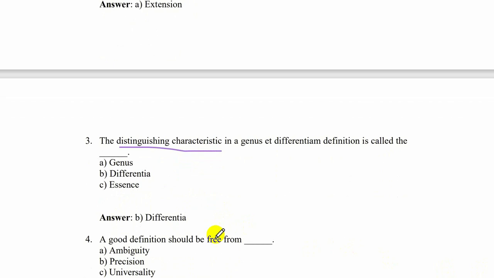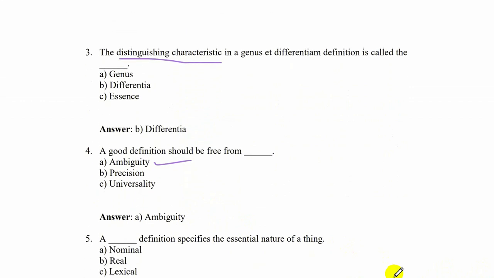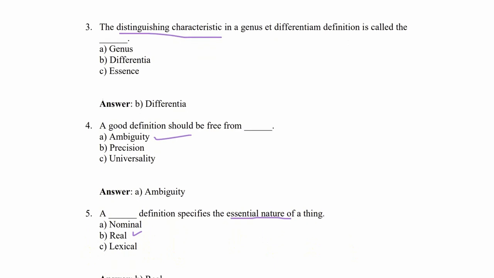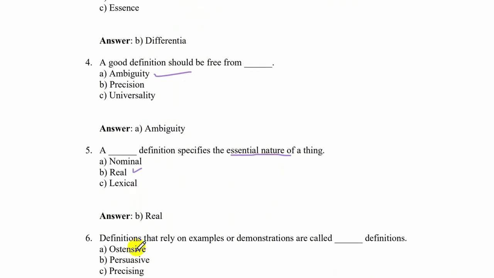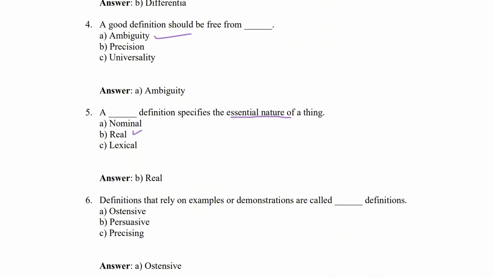A good definition should be free from ambiguity. A dash definition specifies the essential nature of a thing, characteristics, properties. It is real definition. Definitions that rely on examples or demonstrations are called ostensive definitions.